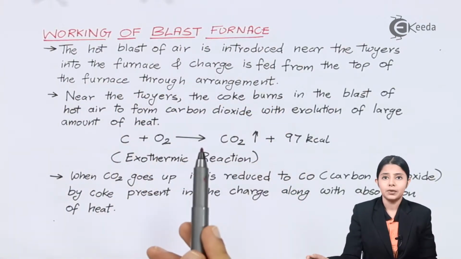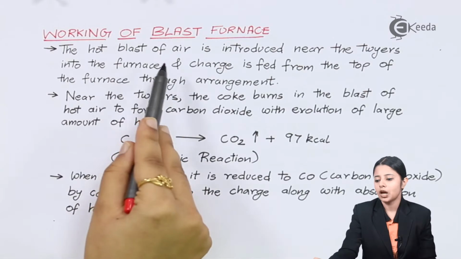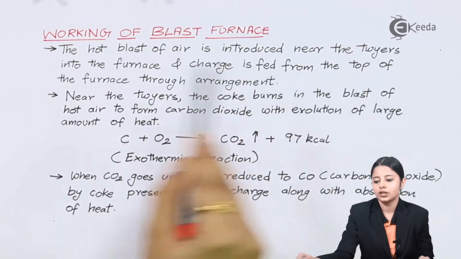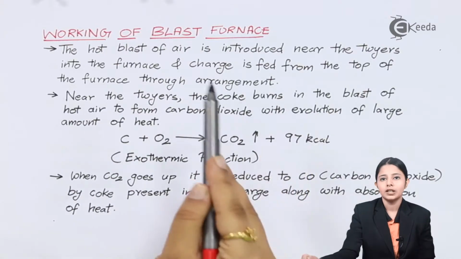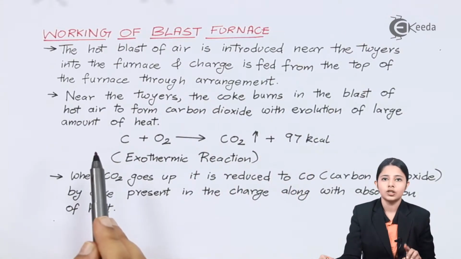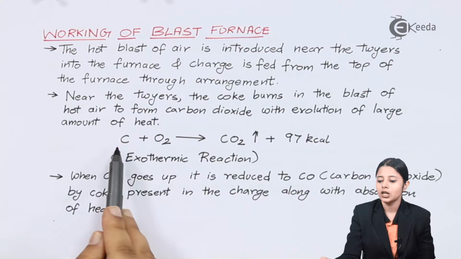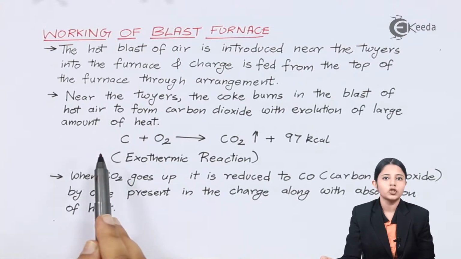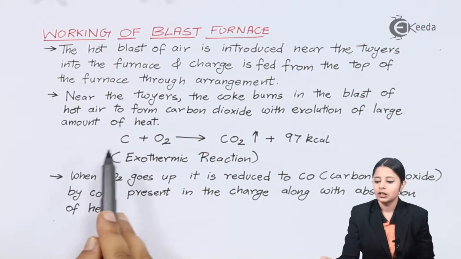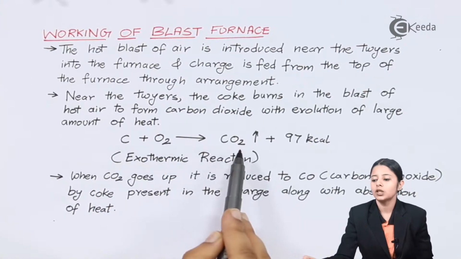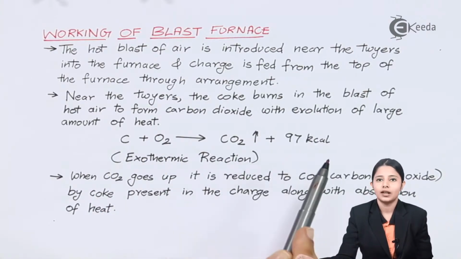So what exactly happens in the blast furnace is the hot blast of air is introduced near the tubes into the furnace and the charge is fed from the top. Both of them meet somewhere in the middle. The first reaction that happens in the blast furnace is between carbon and oxygen, the carbon which is present in the coke and the oxygen which is present in the hot blast of air. C plus O2 forms CO2 plus 97 kilocalories.